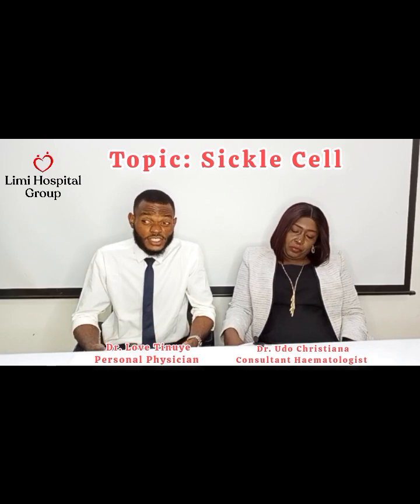You want to keep your environments clean, your gutters. You want to make sure your drainage is clean. You don't want to keep stagnant water around your home. You want to clear bushes. These are things you can do to prevent mosquitoes lodging around your houses, and in turn, you are preventing malaria.